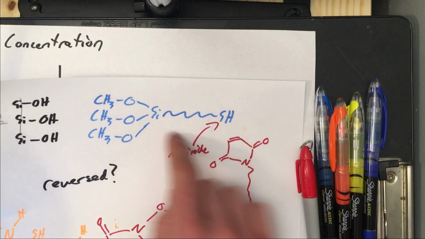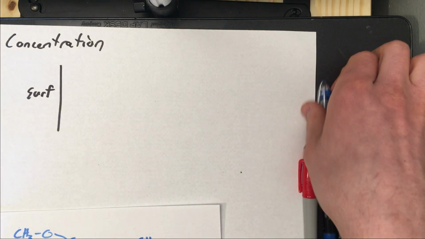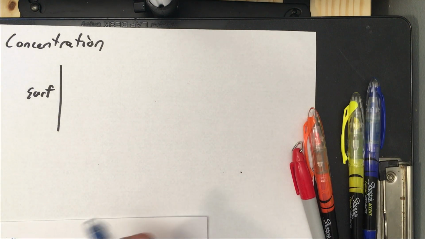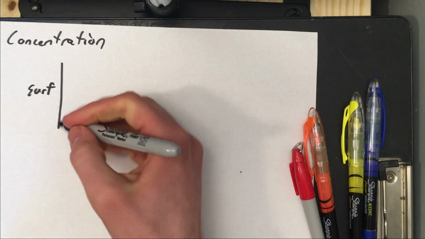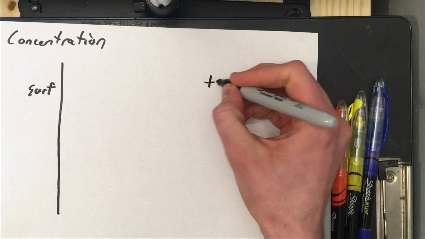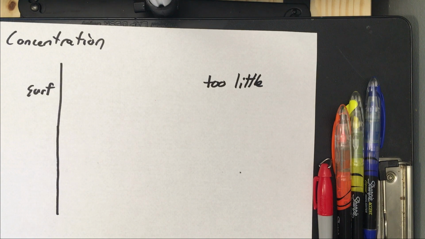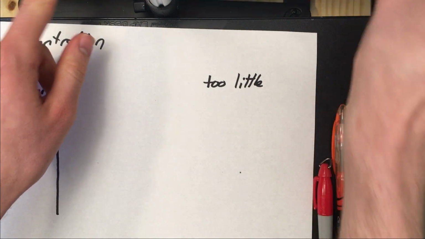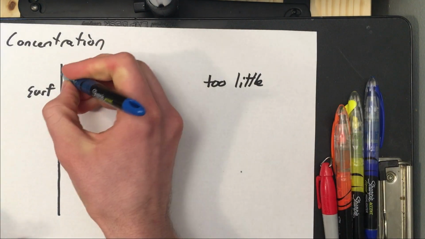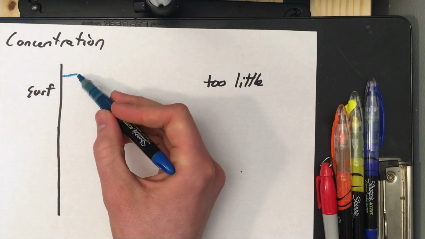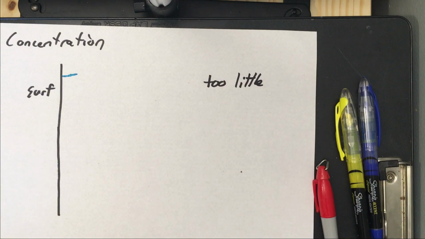So I have the surface here, how much of this should I put on the surface? And you can imagine there's this sort of Goldilocks situation where if I have too little of that linking molecule, then there's only just a couple of sites that I could attach my proteins onto.